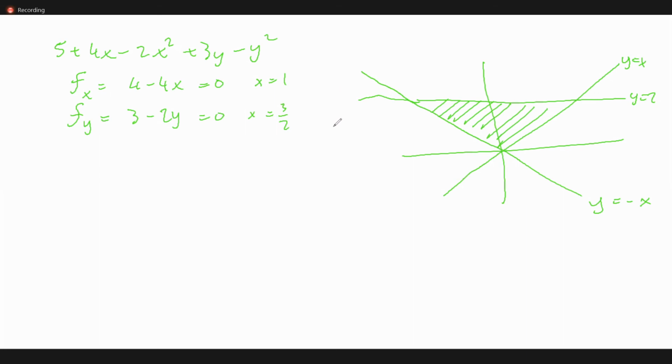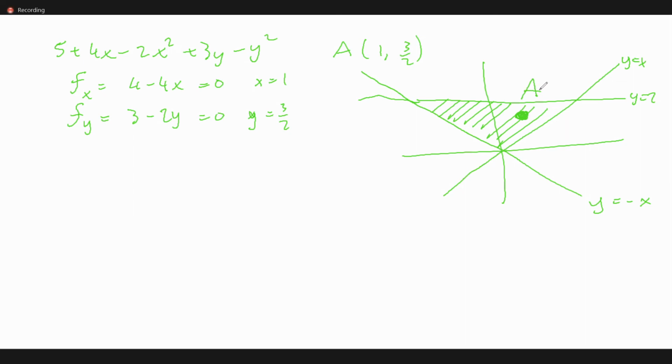So the first critical point that we find is 1, 3/2, which corresponds to this point here. So this is point A.